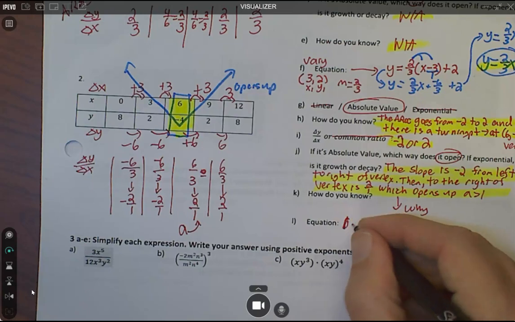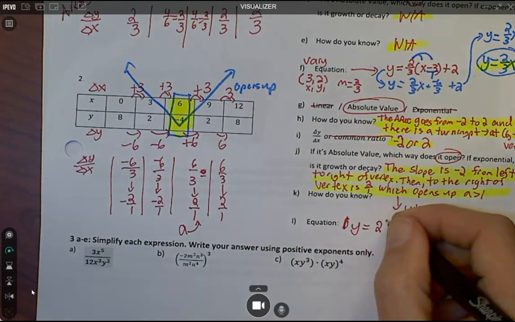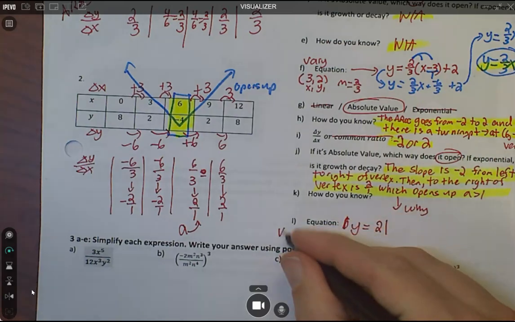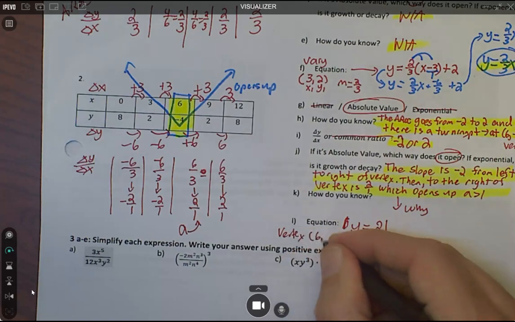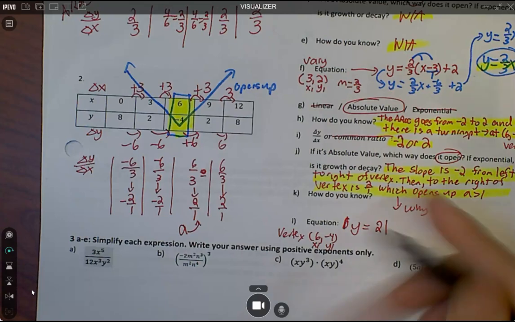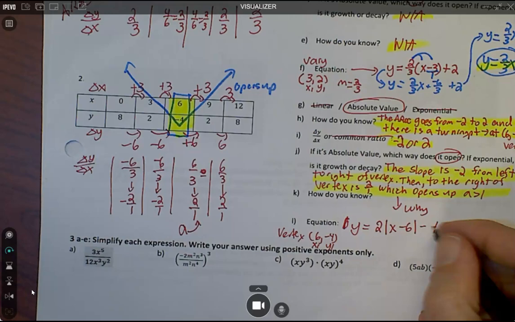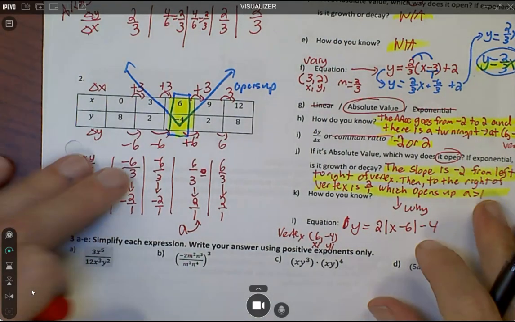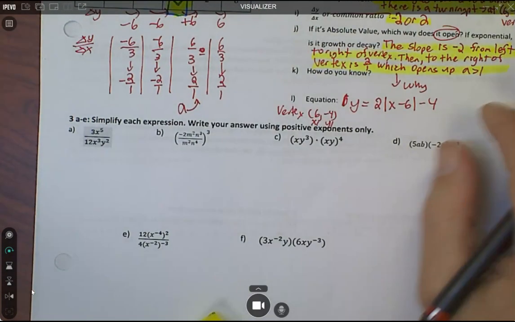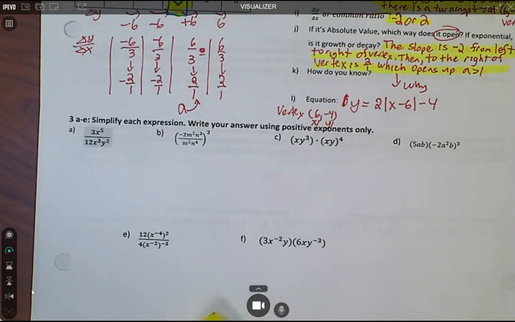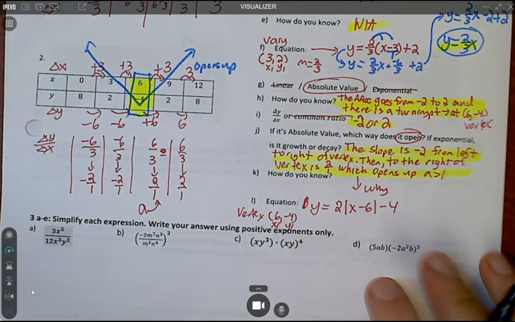So we got y equals A. The vertex is 6, -4. So x opposite h k. I'm going to sit back in my chair. Let's pull it closer to me.